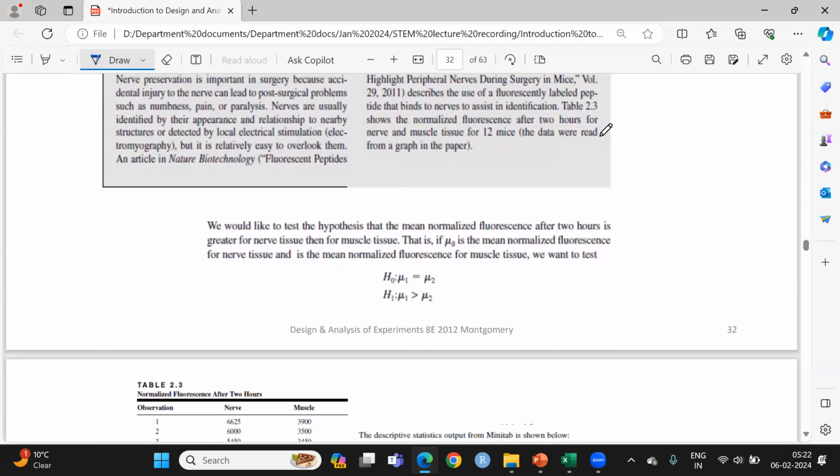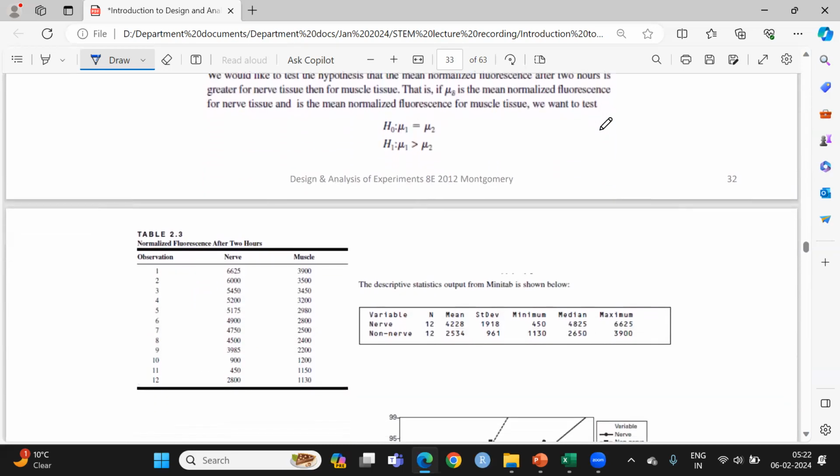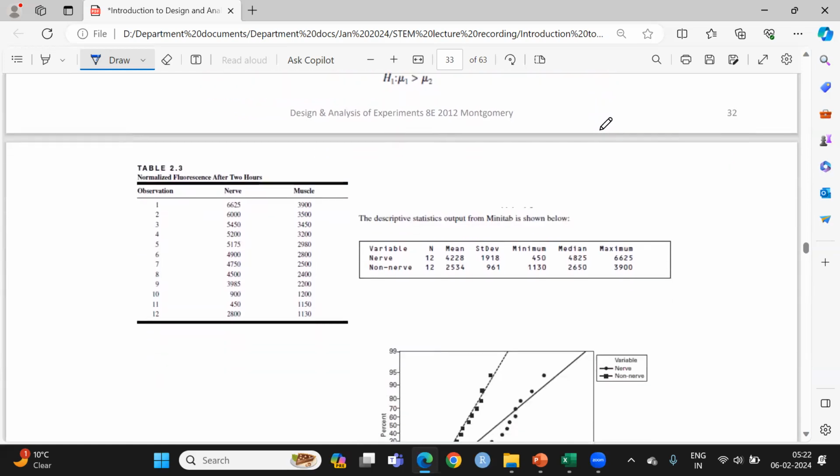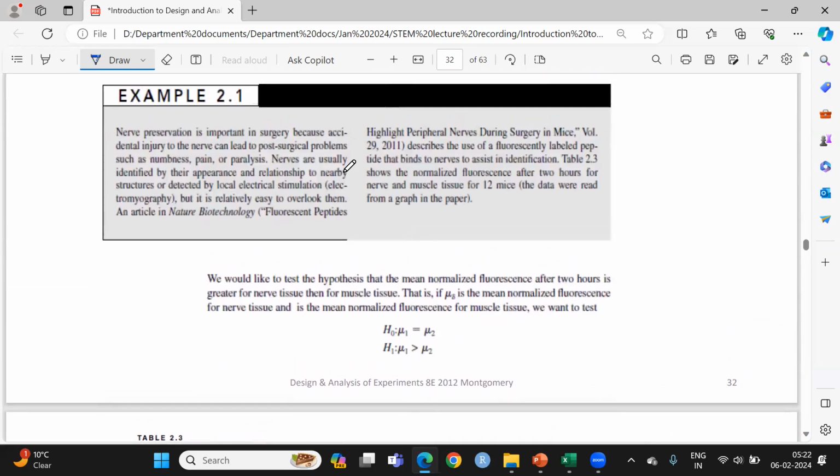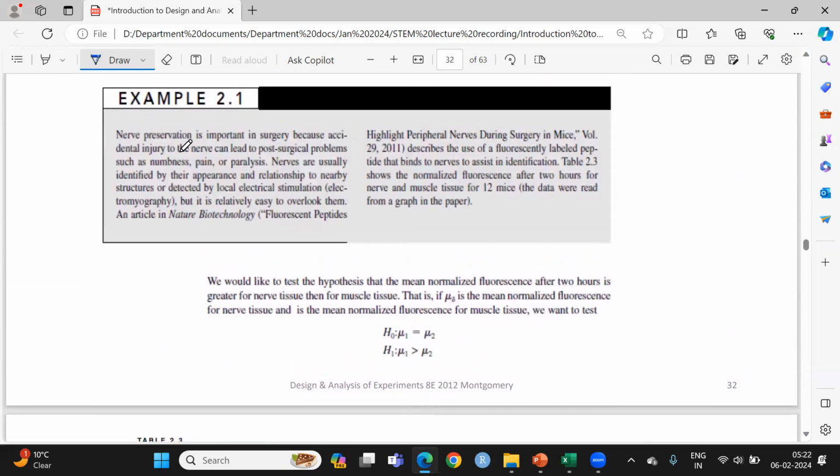Okay, so here we have one data set which we consider. Let me read it for you. Nerve preservation is important in surgery because accidental injury to the nerve can lead to post-surgical problems such as numbness, pain, or paralysis.